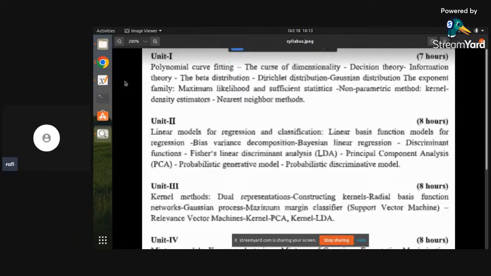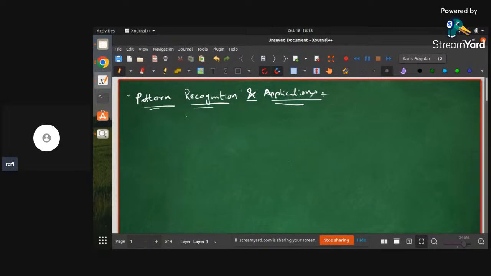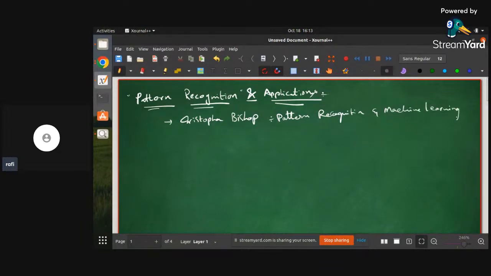Coming to the references, you have Christopher Bishop. The entire syllabus is taken from this book, Pattern Recognition and Machine Learning by Christopher Bishop. You can follow this textbook for all information related to the syllabus.